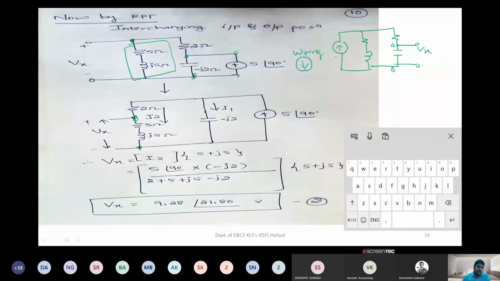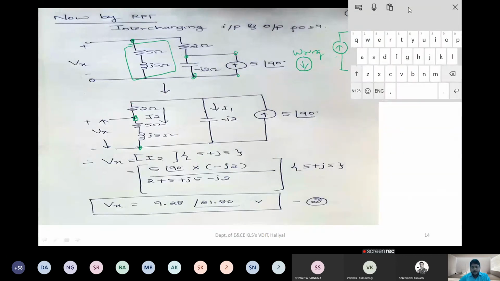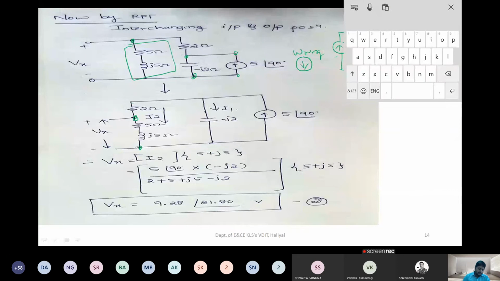Again the same thing, we can apply the current division rule. So if you apply the current division rule, we get the main current multiplied by, means the current across this one that I want. So I2 multiplied by this opposite 5 plus J5.